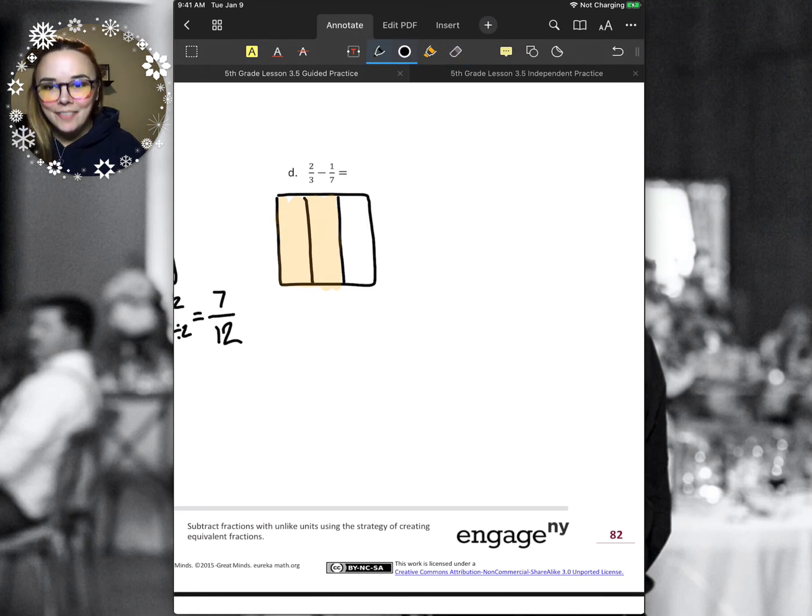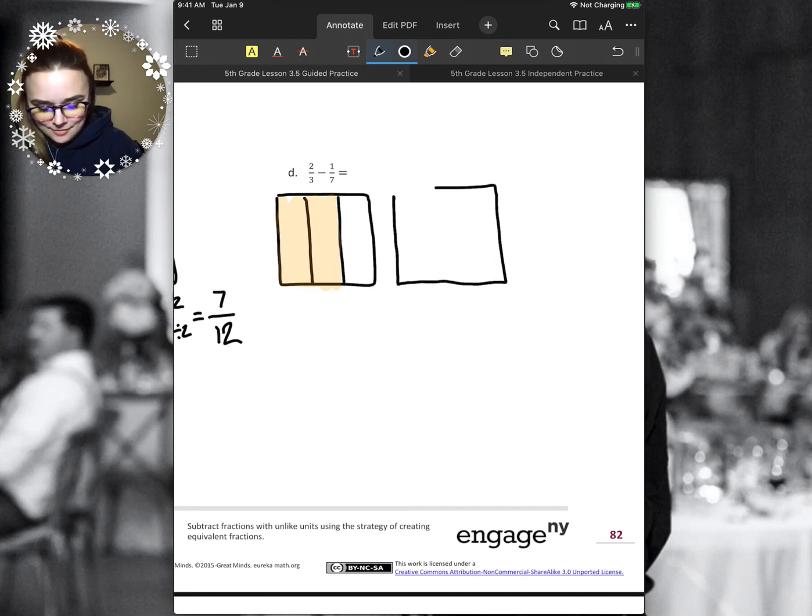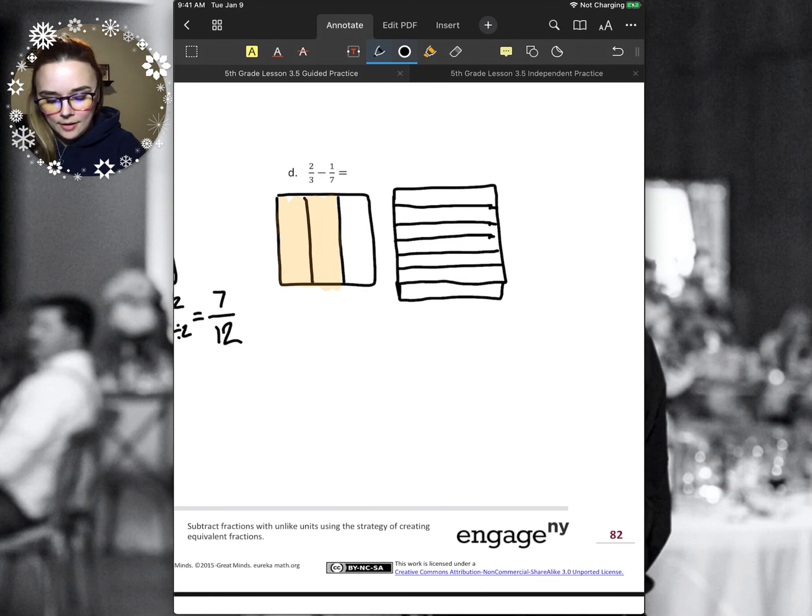I did it the wrong way. See, that happens sometimes. We all make mistakes. All right, so I should have gone this way. Alrighty, so I'm going to shade that in again, 1/7.